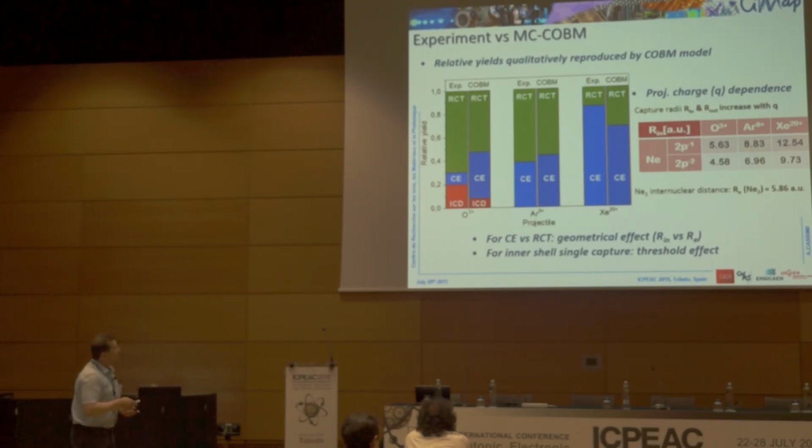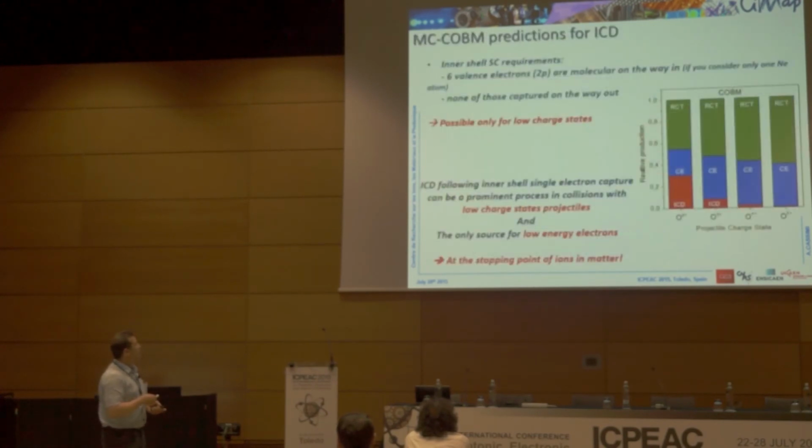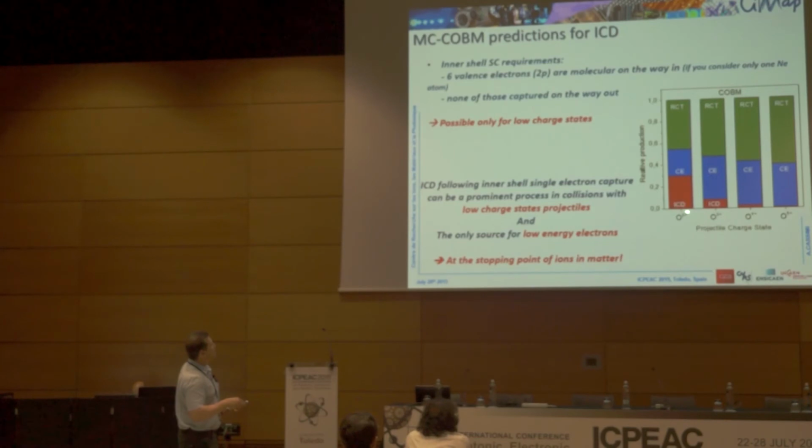So we were interested to see if this continues if you still decrease the charge state. Now we have no experiment, we just ran the code, and what you see is this. As you have 5 plus, 4 plus, 3 plus, 2 plus, and when you go to 2 plus, ICD is still increasing.